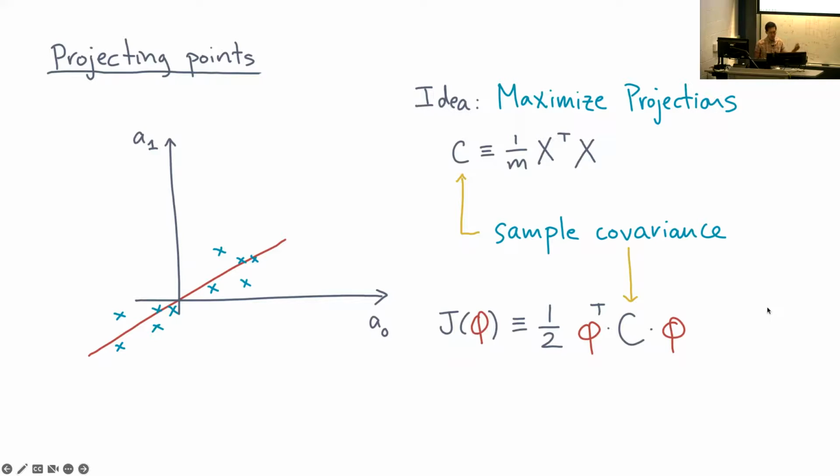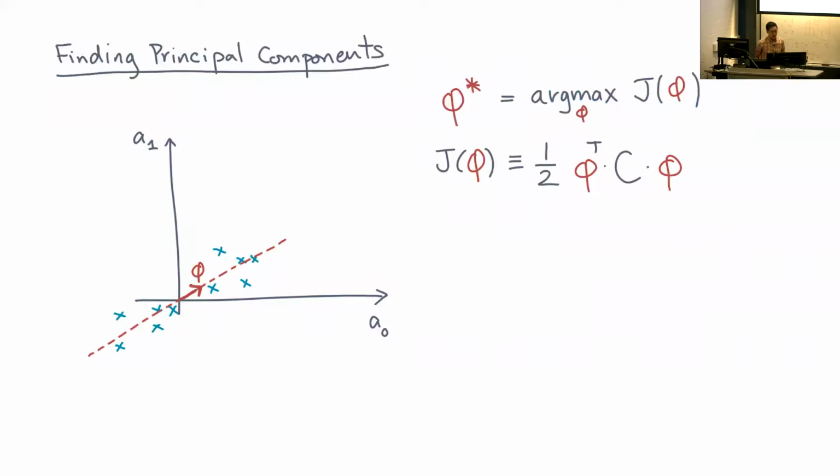That's my mathematical goal so far, and when I have done that, I will have found the red line. So here's that problem restated: given this definition of J, I want to pick the phi, which we'll call phi star, that maximizes J of phi.